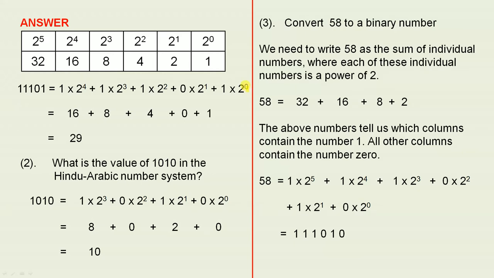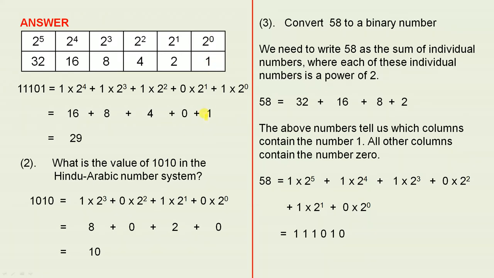Now 1 times 2 to the power of 4 is actually 16. 1 times 2 cubed is 8. 1 times 2 squared is 4. 0 times 2 to the power of 1 is 0. And 1 times 2 to the power of 0 is 1, because that's the ones column.